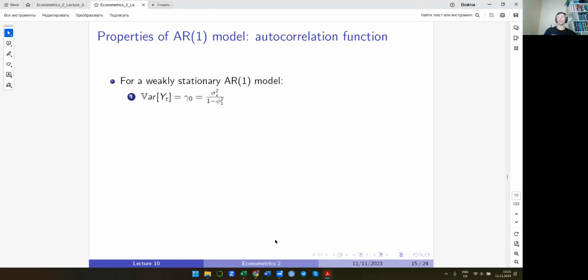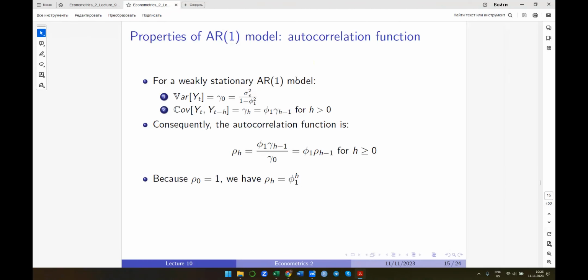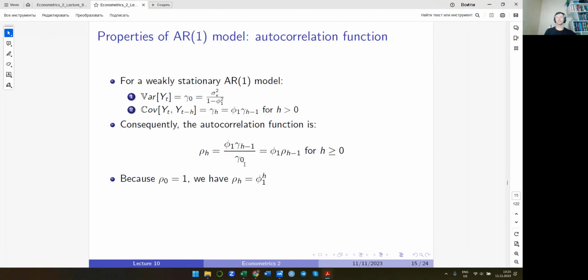Now, the autocorrelation function. Let's list what we know. Variance of yt is here, covariance of yt is here for h larger than 0. So what is the autocorrelation function? We take the covariance and divide by the variance. And what is this fraction?